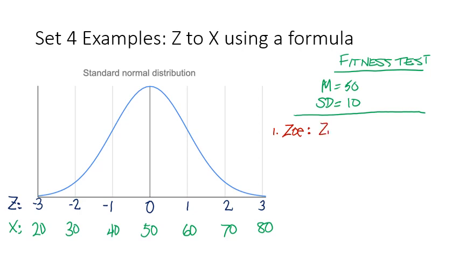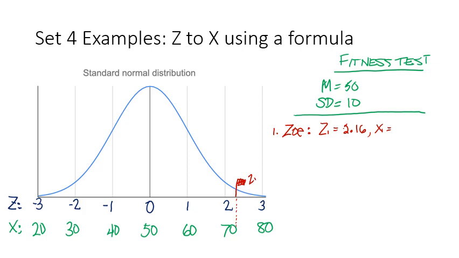So Z1 equals 2.16, and we want to know what X1 equals. So we know the z-score of 2.16 will be somewhere in this neighborhood. So there's our Z1. And we know it's going to be, if we trace the line down, something between 70 and 80, a little bit closer to 70.